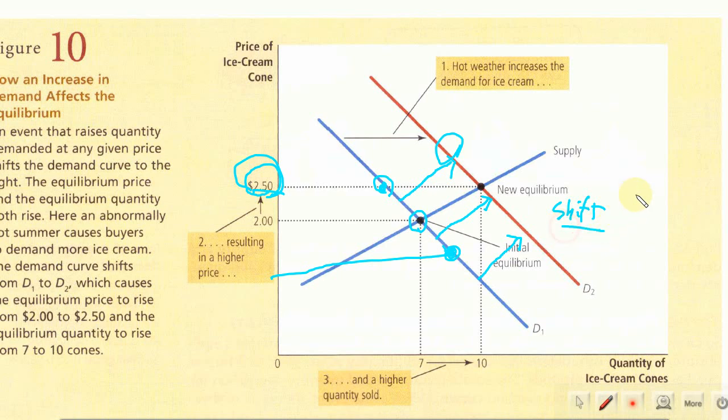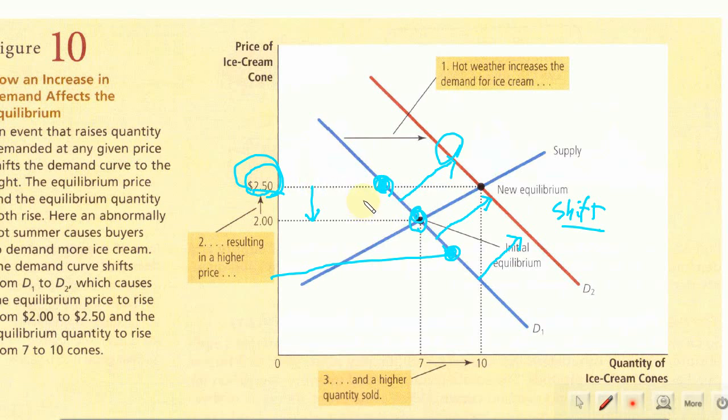Okay, what is the difference between shift and movement? Look at this. In the previous case, we saw that the movement is influenced by price fluctuations. Once the price goes down, the point moves from here.